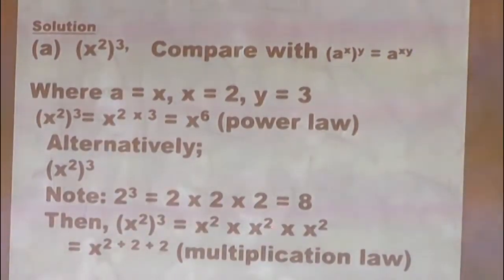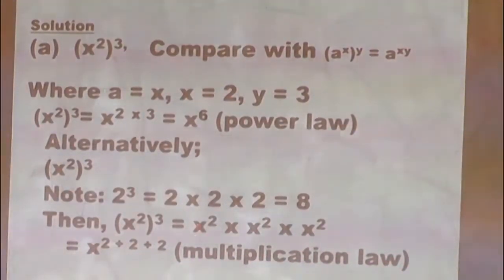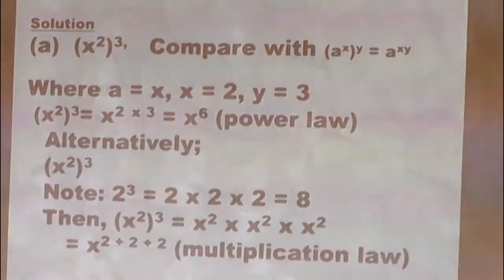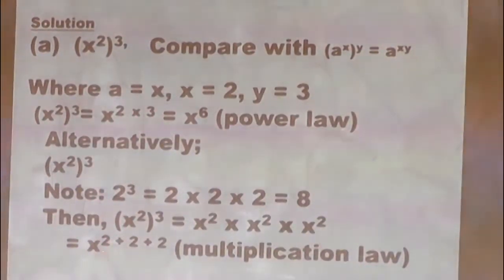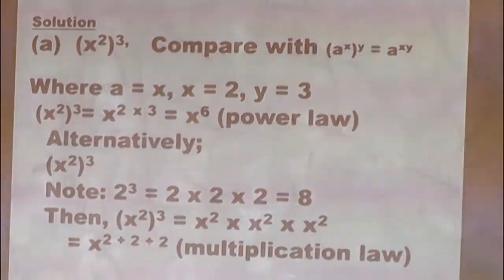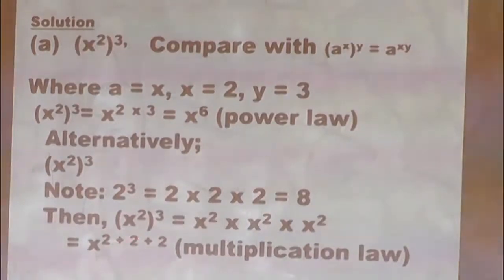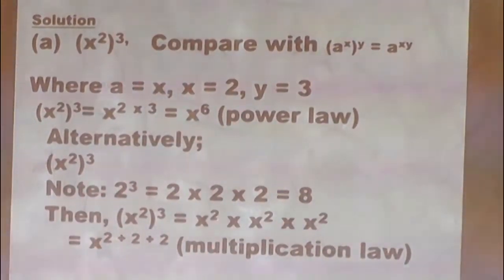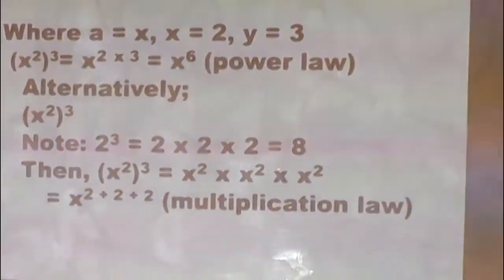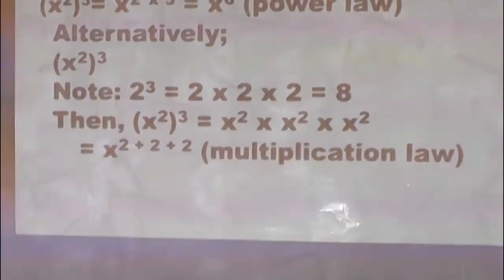Since the connectivity is all multiplication, you pick one base and add all the powers. That is how we come about x raised to the power of 2 plus 2 plus 2. These 2s in 3 places represent the squares at the top of the x squared, the 3 x squared in this expression. That is our multiplication law.